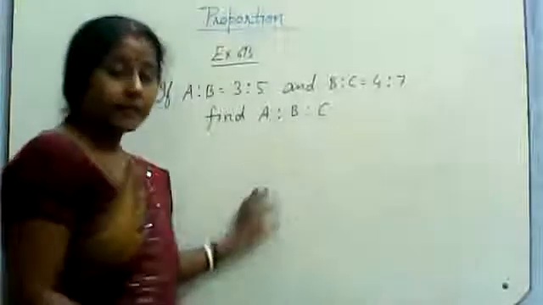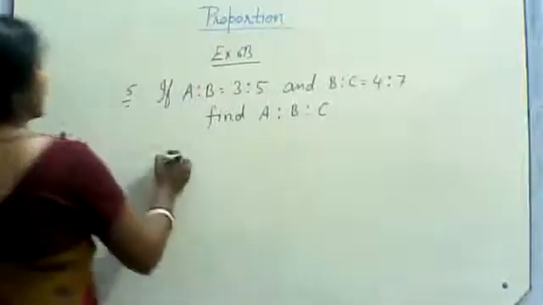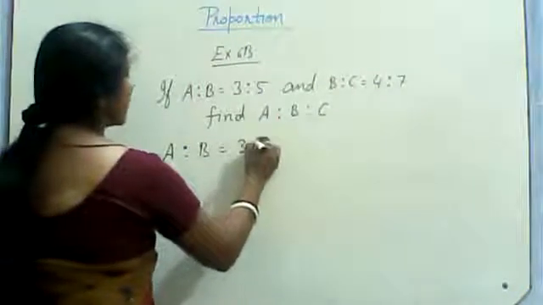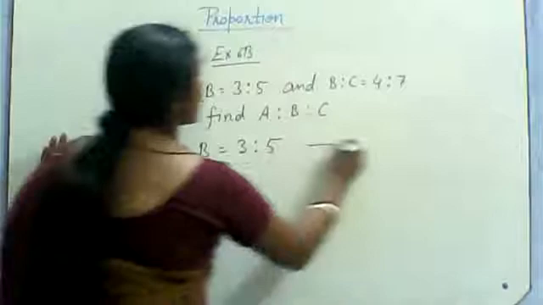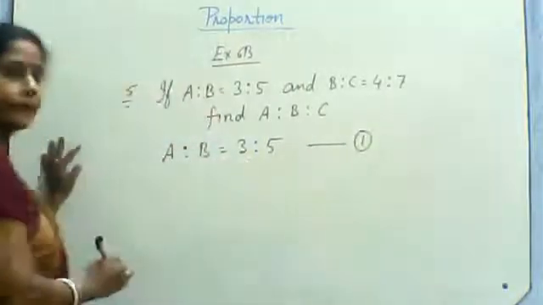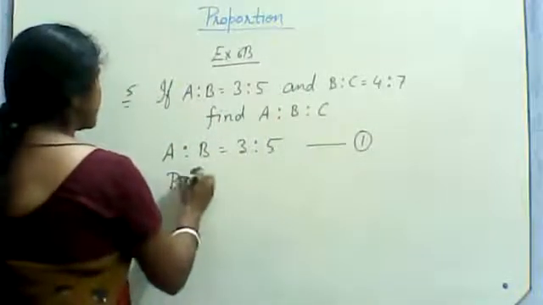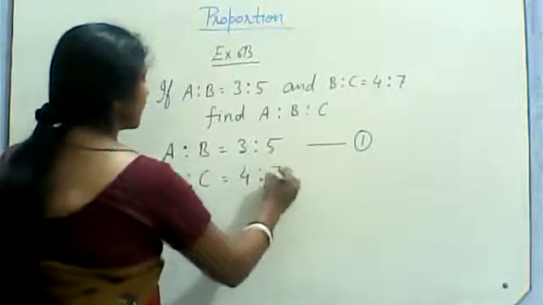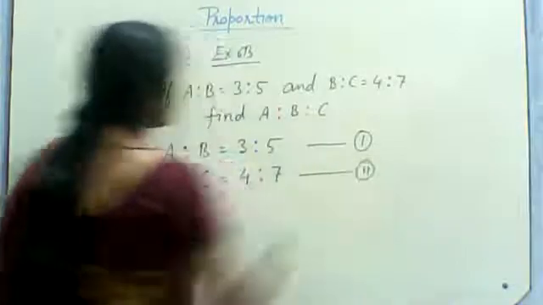Now, in this question, how do we do it? See, A ratio B equals 3 ratio 5. This you write as equation 1. And here B ratio C equals 4 ratio 7. This you write as equation 2.